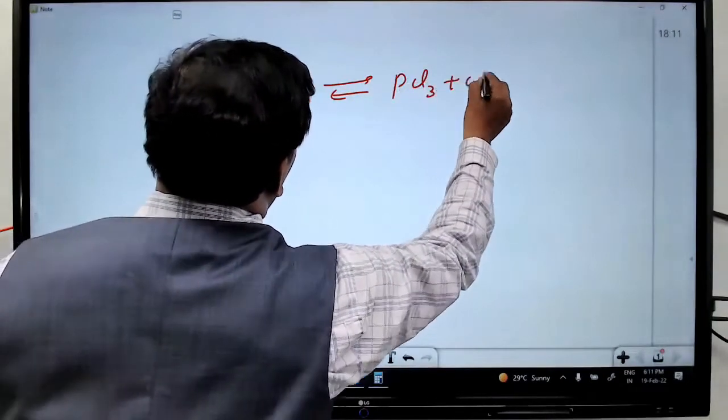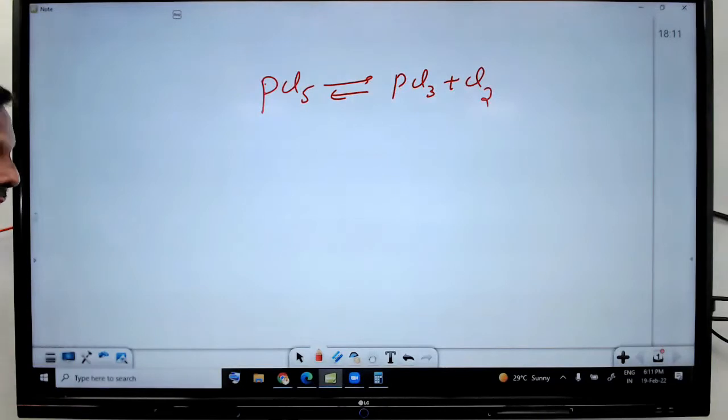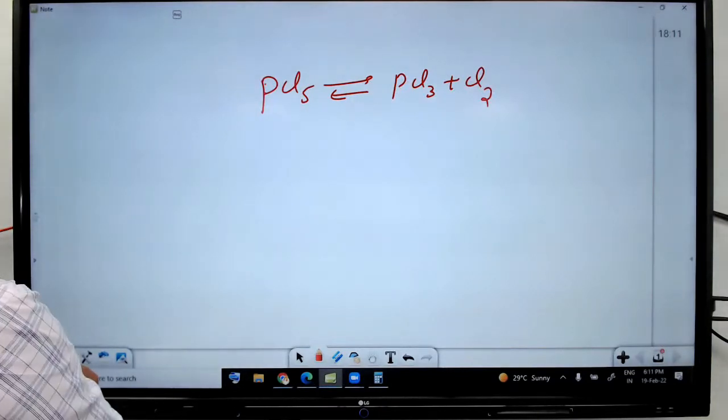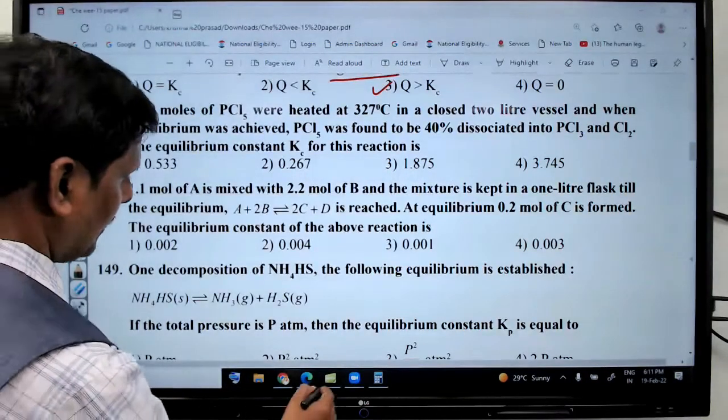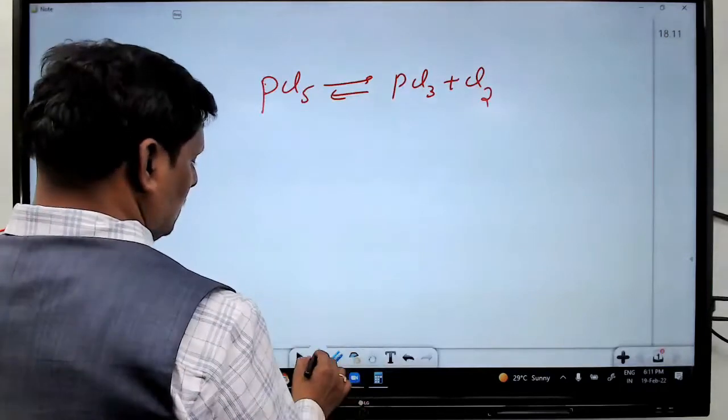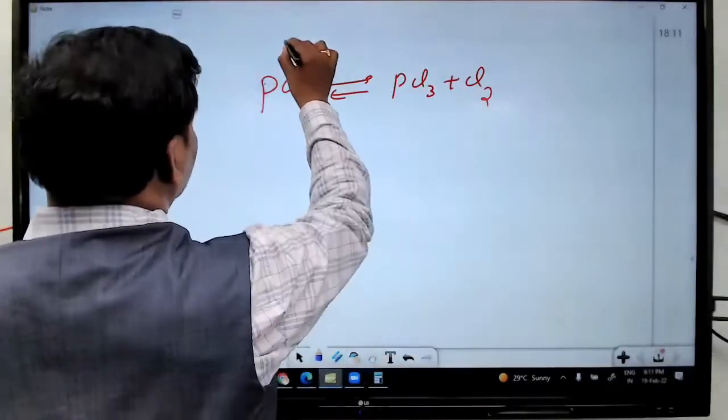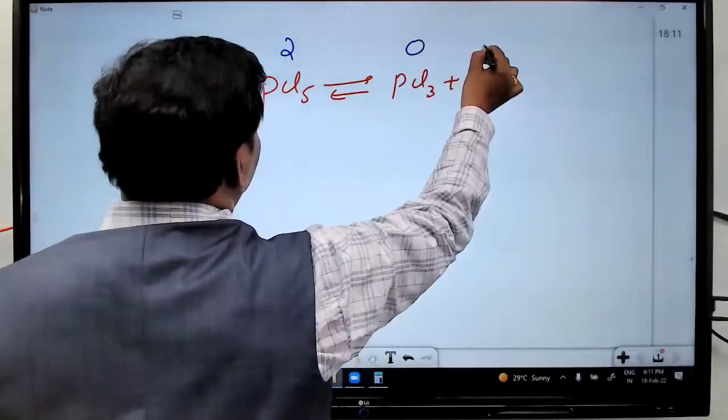Am I right? Look, how many moles are given? 2 moles of PCl5 are given. Our assumptions for the products are 0 and 0.